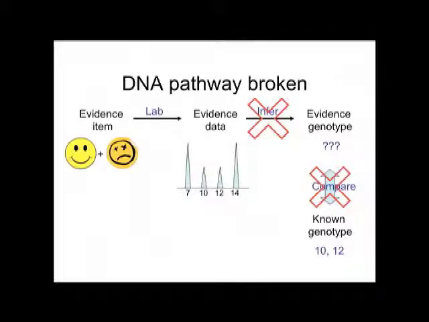Here there may be multiple possibilities, and so the genotypes are not inferred, and once you can't infer a genotype, it becomes harder to make a direct comparison with a known genotype or to produce a strength of match.